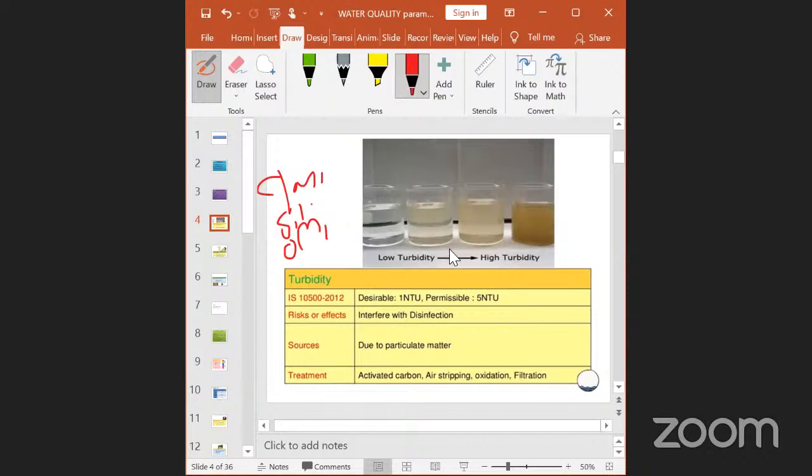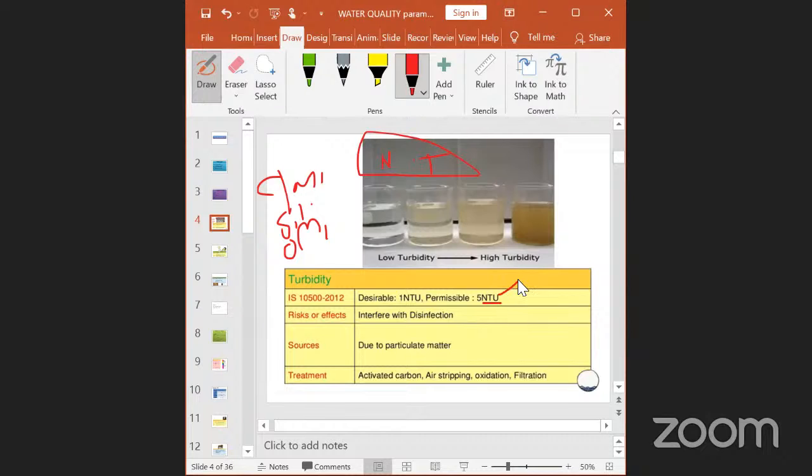Turbidity is measured by an instrument called a nephelometric turbidimeter, which expresses turbidity in terms of NTU, nephelometer turbidity unit.